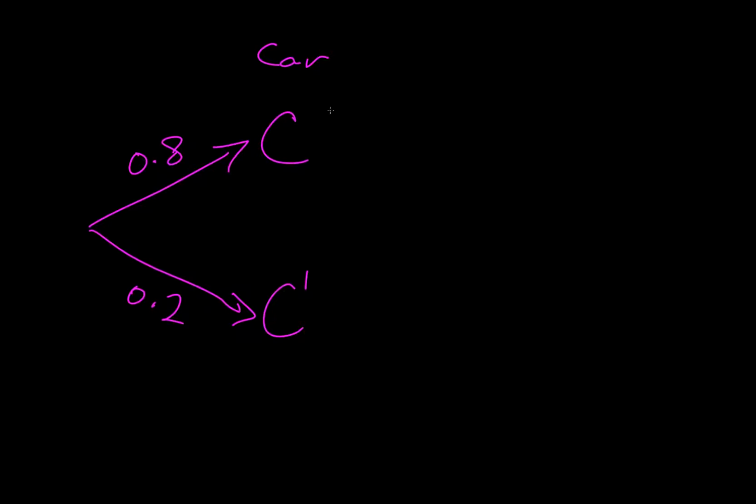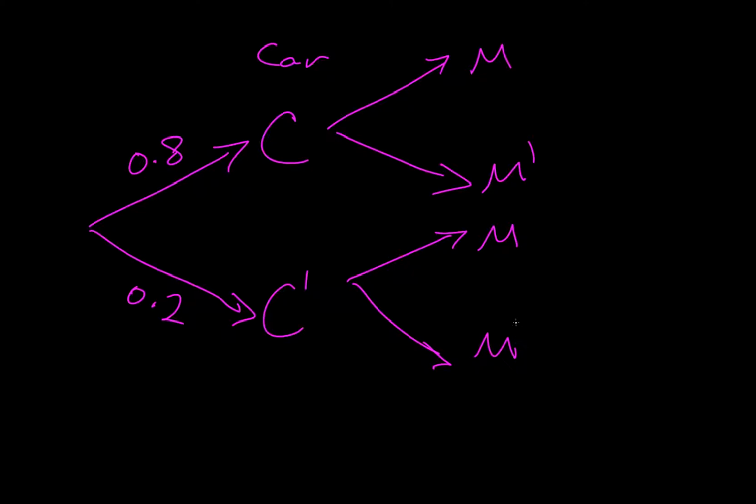Then he has a motorbike. So motorbike starts, motorbike doesn't. Motorbike starts, motorbike doesn't. It says that it starts 60% of the time. So 0.6, 0.4, 0.6, 0.4.